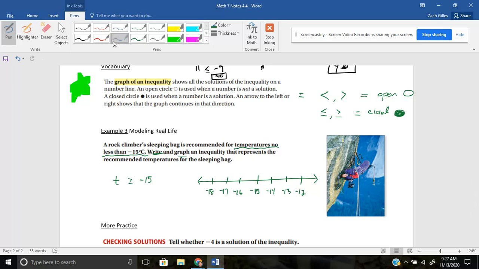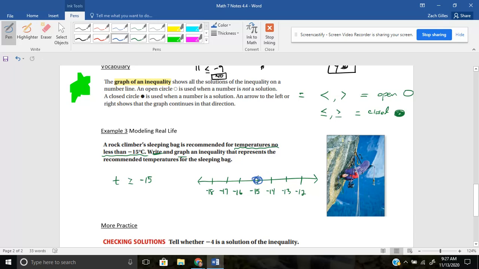Now, the next piece of the puzzle is I need to determine, am I going to use an open circle or a closed circle when I graph this? Well, my inequality is greater than or equal to. So anytime I have that or equal to, I need to use a closed circle at negative 15 is my number.